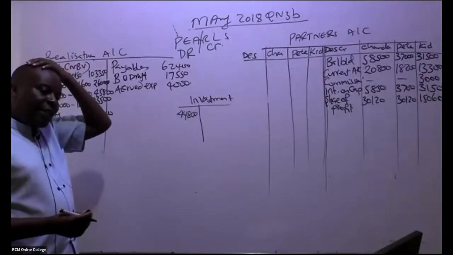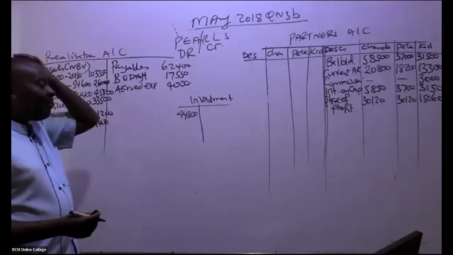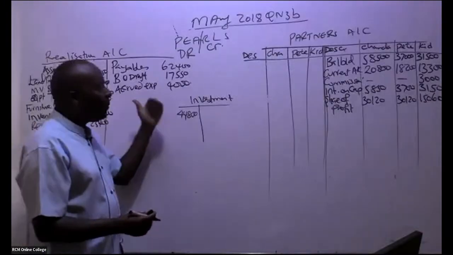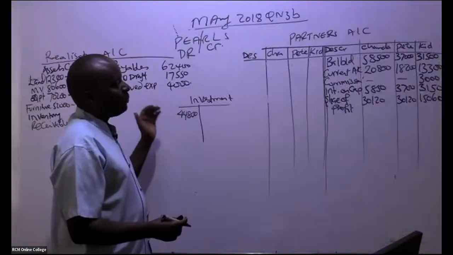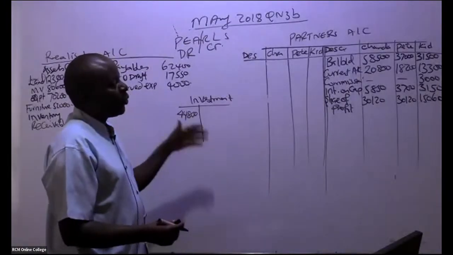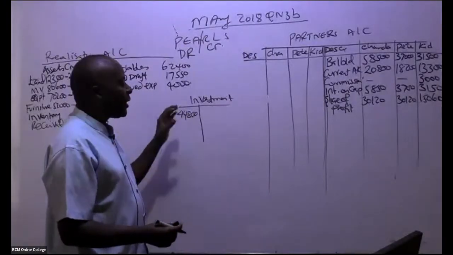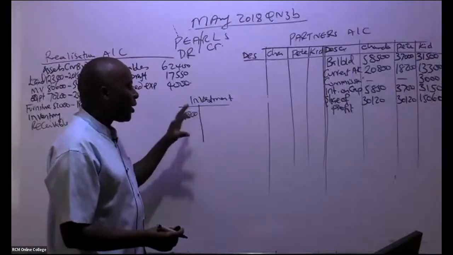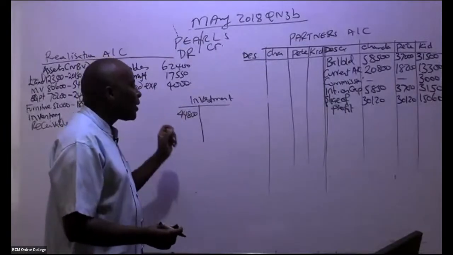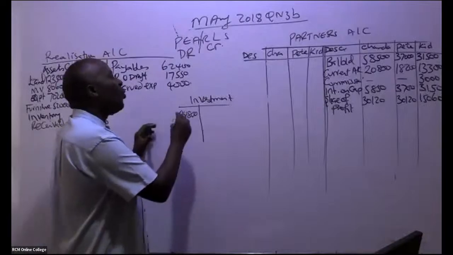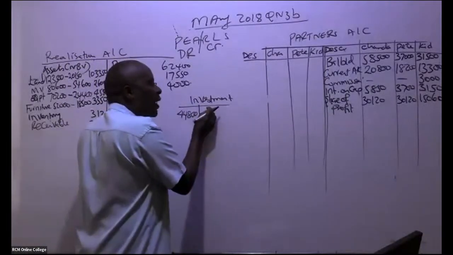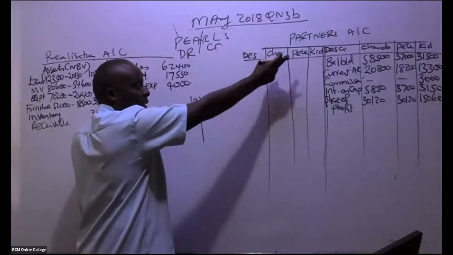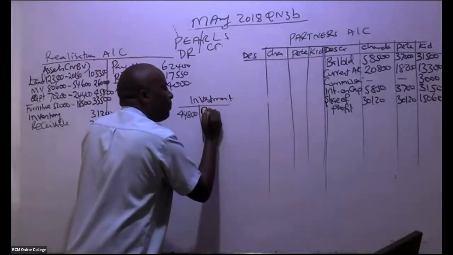By the time we are selling our partnership to a company, we can see that we were able to transfer this. Let's close this account, because remember this investment went to the partners. So we come here and credit the partners.